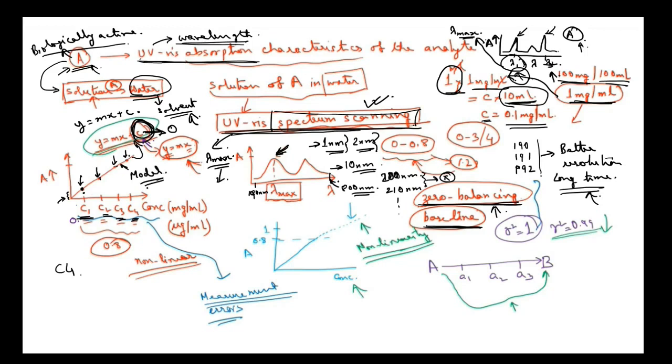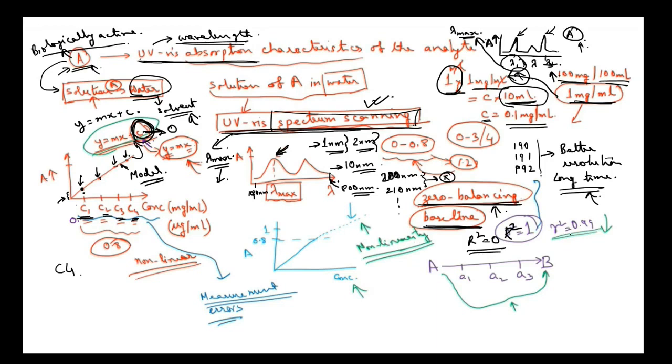Now over here, how do you say that it is a good fit? We say that it is a good fit if our R square value is equal to 1. If the R square value is equal to 0, that means there is no correlation between the two sets of data.